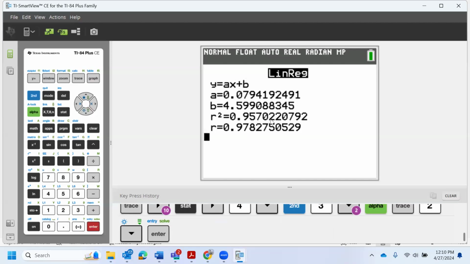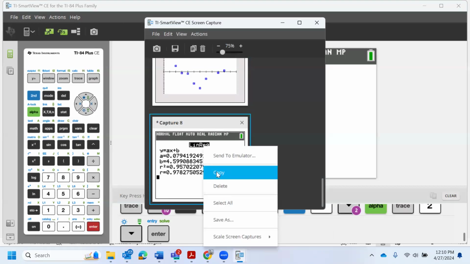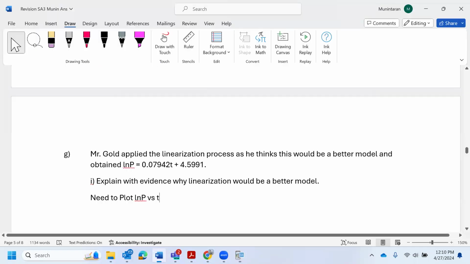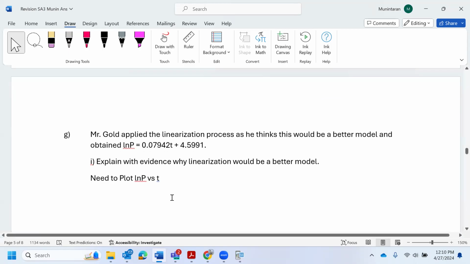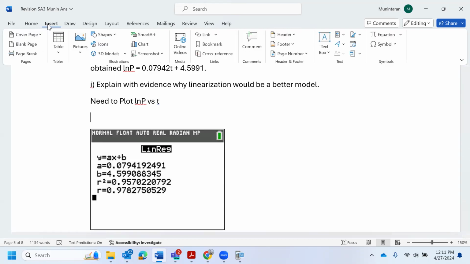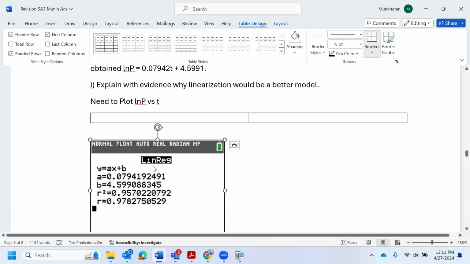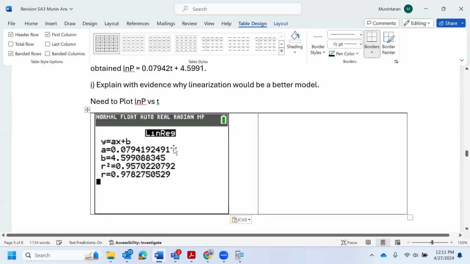I did not take the picture just now. Okay, never mind. Explain with evidence why linearization would be a better model. In this case, I'm going to insert a box here.